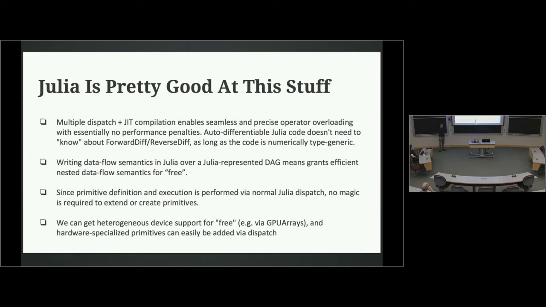The other thing is having everything in Julia actually allows, for forward mode, as I already mentioned, nested differentiation just by nesting dual numbers, and that's cool. But it's even cooler to me that if you have a Julia represented DAG and your data flow semantics are defined in Julia, then you can do these nested data flow operations on these stacks. I can take a computation graph and do the forward and reverse mode passes over it, and I can treat those passes themselves as a new computation graph, over which I can then do forward and reverse mode passes.